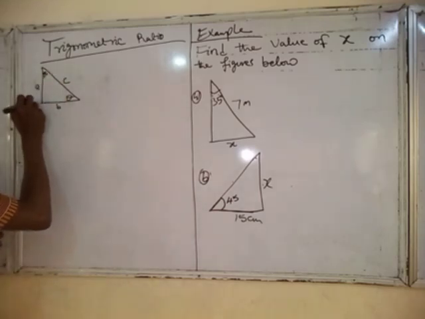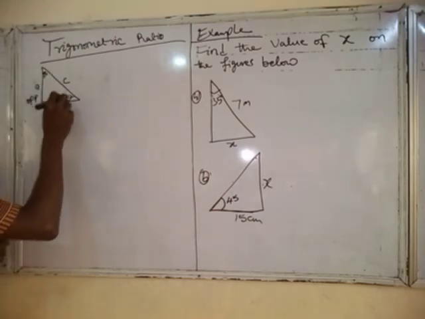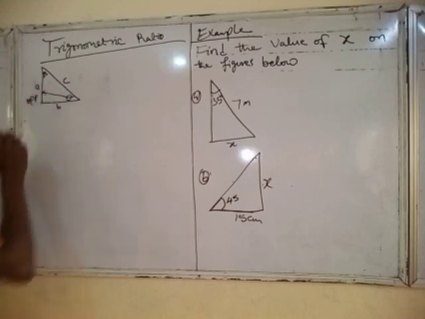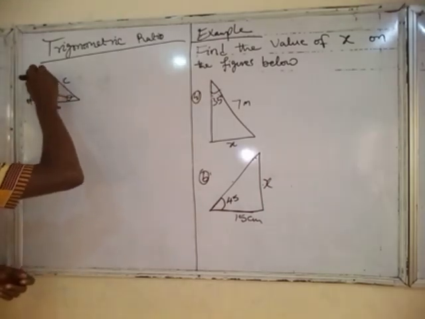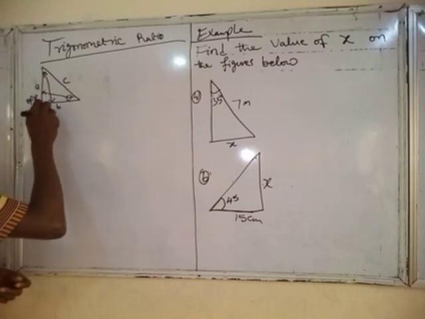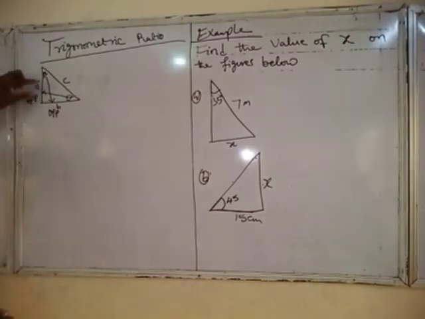So this is opposite for theta, and then it is opposite for beta. So here is opposite to theta and here is opposite to beta. Okay? So how do we do that?